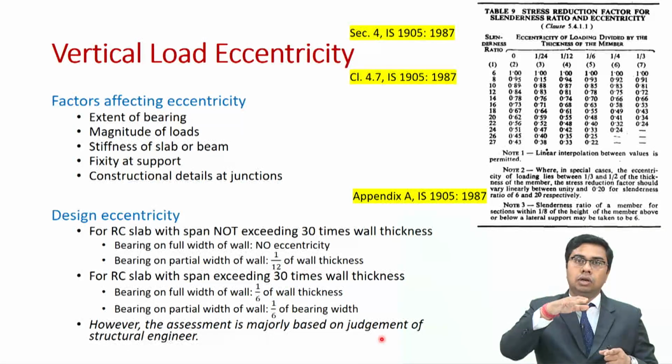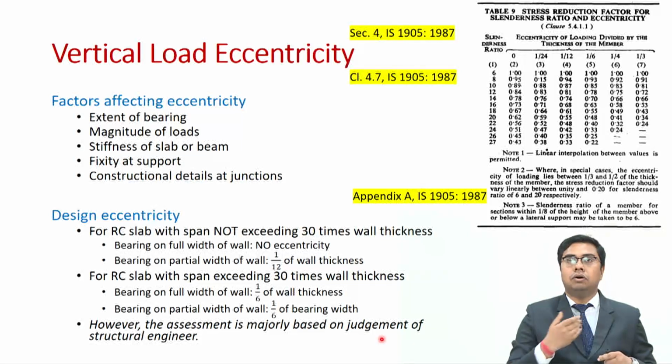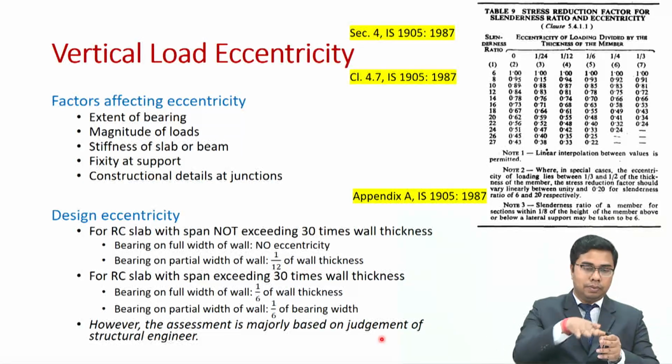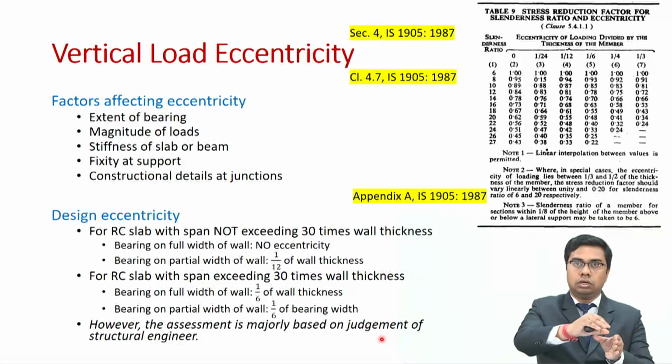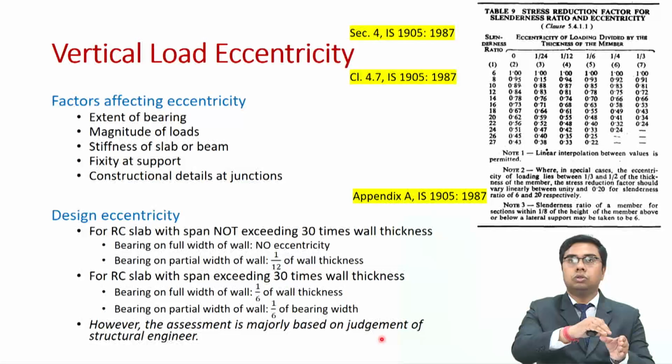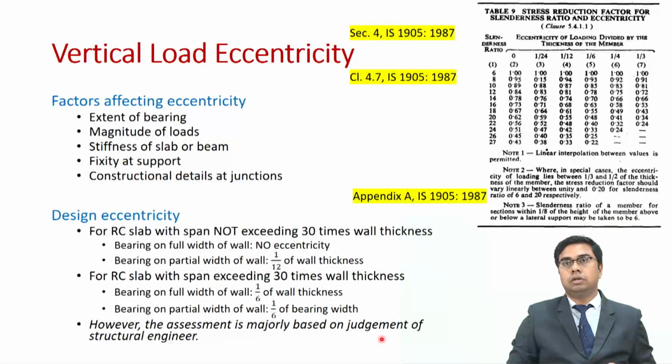However, the loading coming from the floors can be eccentric on the wall. It depends on extent of bearing, whether the slab is completely placed over entire wall thickness or not. If it is lesser, then there shall be some eccentricity towards the slab or floor.